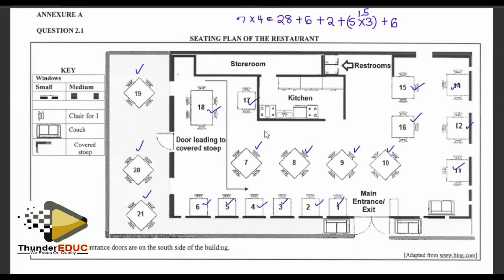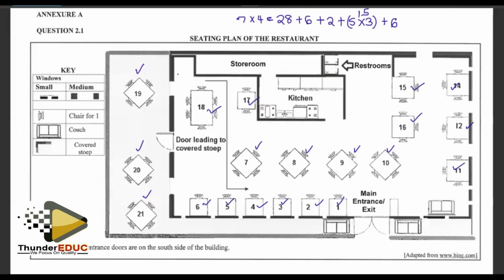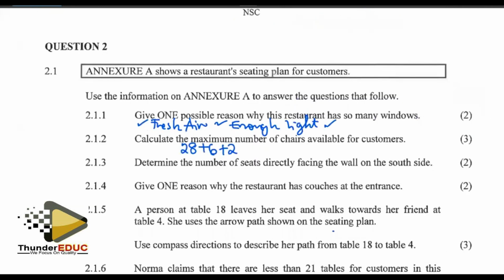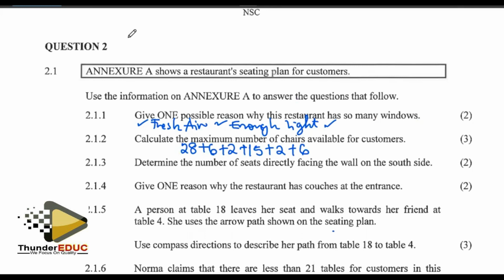So we've seen it's 28. 28 plus 6 plus 2 plus 15 plus 6. 28 plus 2, 30.